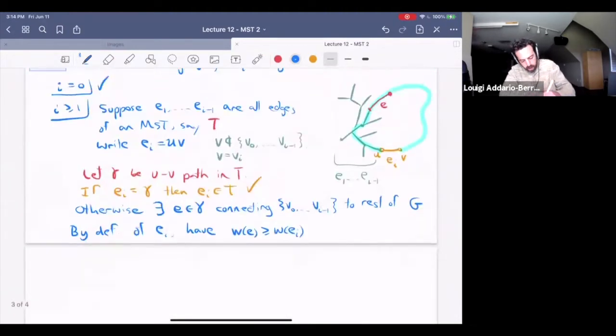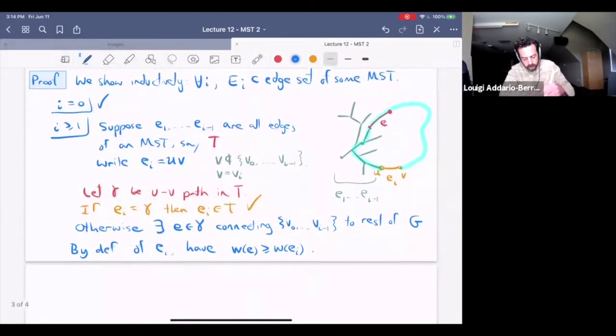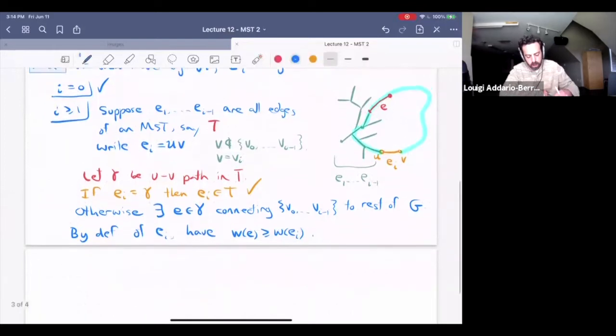Okay, and so then we can do a swap like we did in our analysis of Kruskal's algorithm. This blue path here is all contained in the tree T at this point, right? And so if we swap the edge E for the edge E_i, we get another spanning tree.